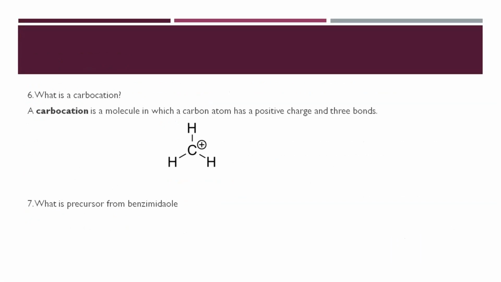Other isomers like metaphenylenediamine and paraphenylenediamine are also available, but for benzimidazole we need the ortho isomer, that is orthophenylenediamine. So orthophenylenediamine plus formic acid gives benzimidazole, and in the process two water molecules are removed and cyclization takes place. Instead of formic acid, orthoformate can also be used.